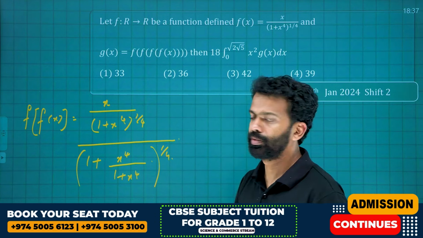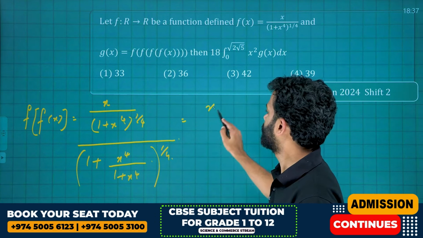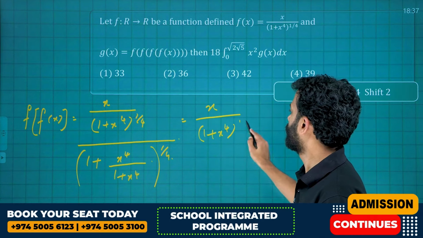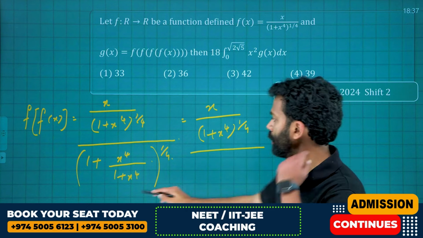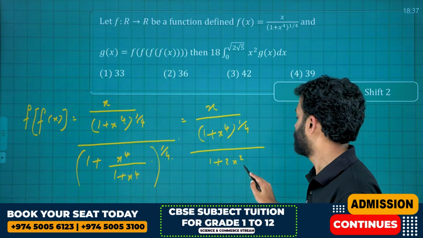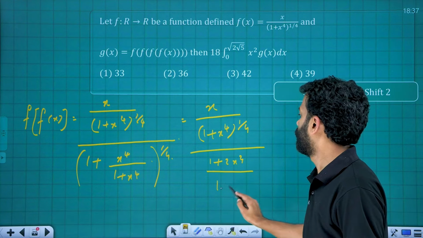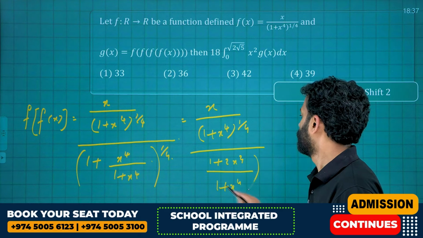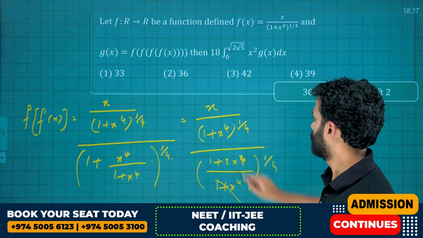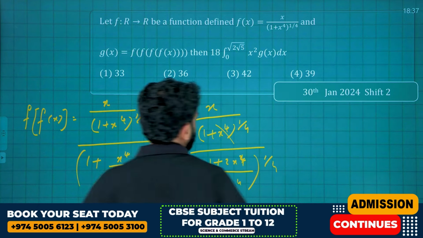It will be like this. Therefore, x by (1 plus x raised to 4) the whole raised to 1 by 4 divided by, this becomes 1 plus 2x raised to 4 over 1 plus x raised to 4, the whole raised to 1 by 4. And this got cancelled. And what is f of f of x?